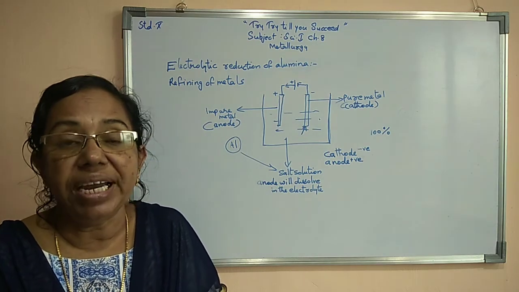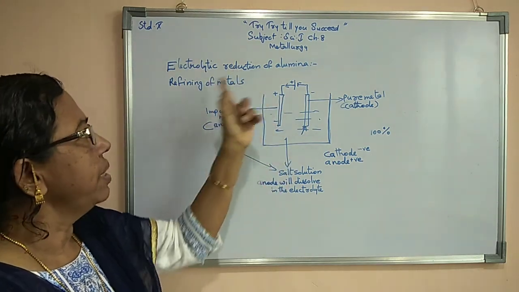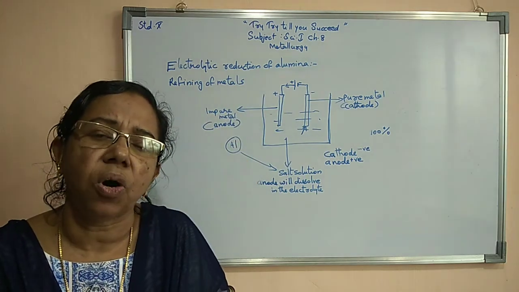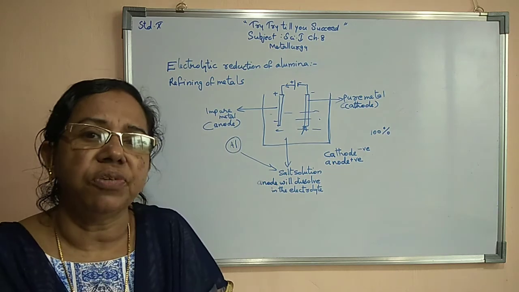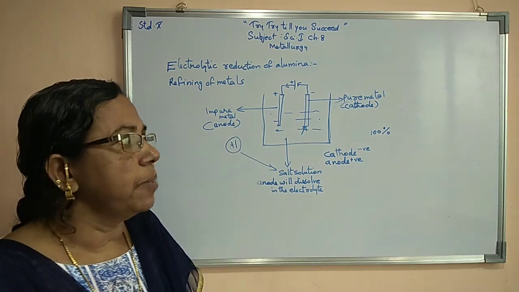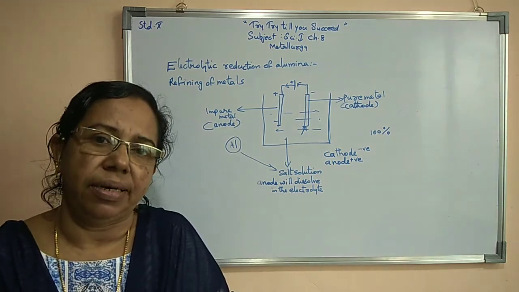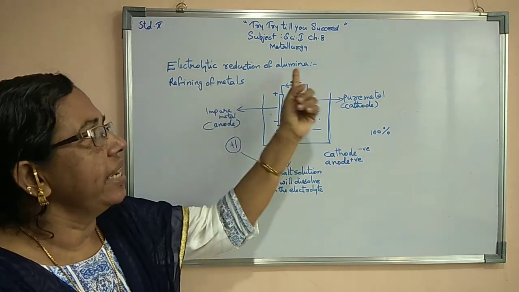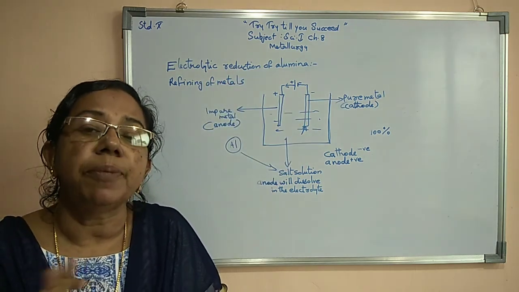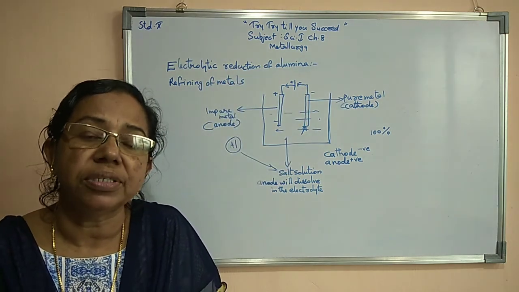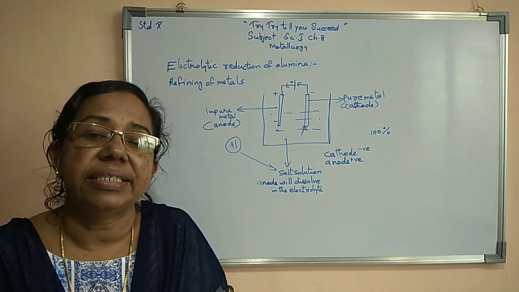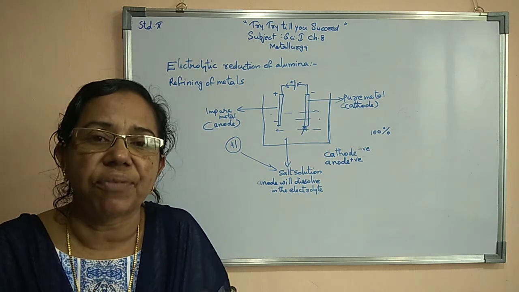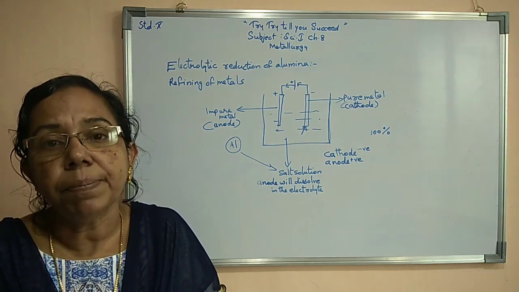We have already studied that both methods are electrolytic processes. But if we use the refining of metals process, we will get 100% pure metal. At the same time, if we use electrolytic reduction, 100% pure metal won't be there. Why? Because the electrodes used there are graphite rods or graphite lining, so there are chances of some impurities.